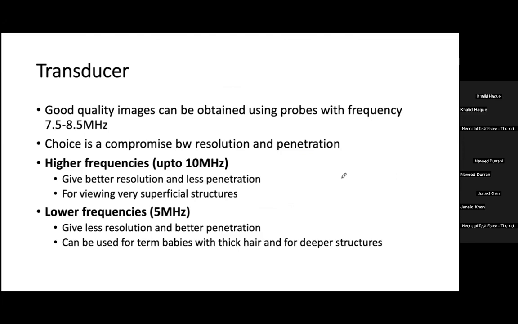Please use this probe when you are viewing the superficial structures, not the deeper ones. And if you want to look for the deeper structures, then use a low frequency probe up to 5 megahertz, which gives you less resolution but better penetration. Usually in term babies with thick hair, we use the lower frequency probe.